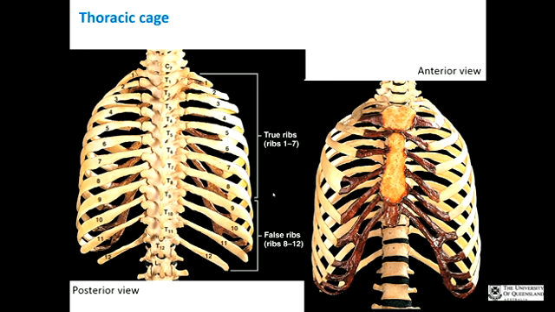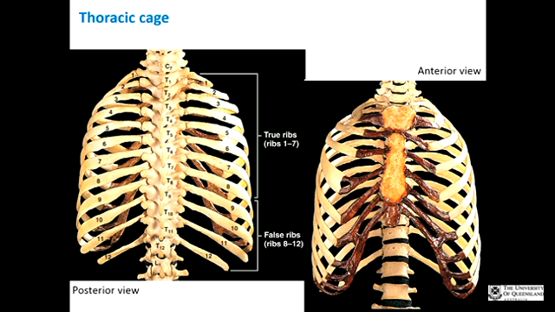So just to remind us of this region of the body, here we have our thoracic cage viewed posteriorly and anteriorly. With the true ribs, ribs 1 to 7, remember, they're connecting directly with their own costal cartilages to parts of the sternum. But then when we get down to rib 8, it starts connecting via its neighbor.